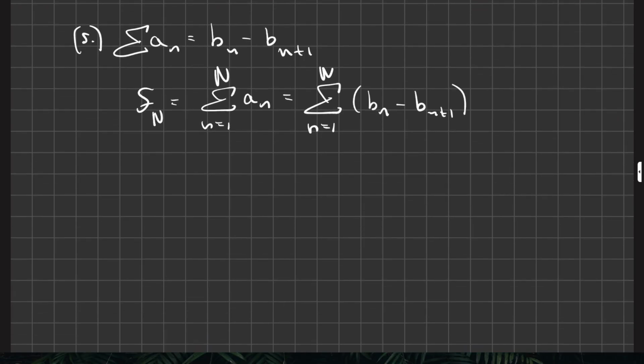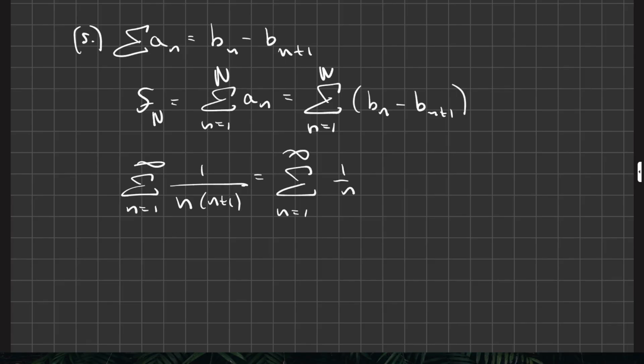An example that we looked at earlier in the semester, on one of your quizzes, was the series from 1 to infinity of 1 over n times n plus 1. We could rewrite this, if you remember, from partial fractions as 1 over n minus 1 over n plus 1.